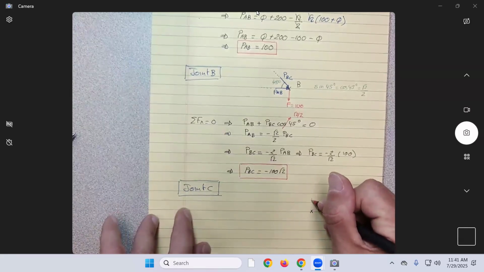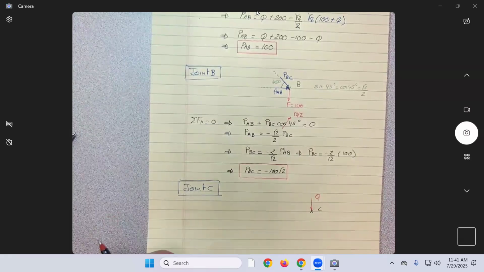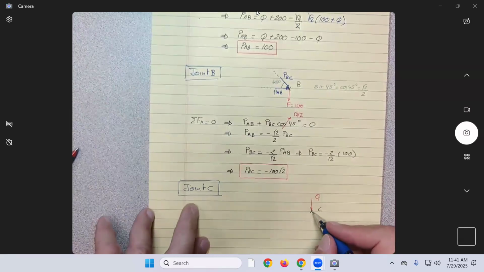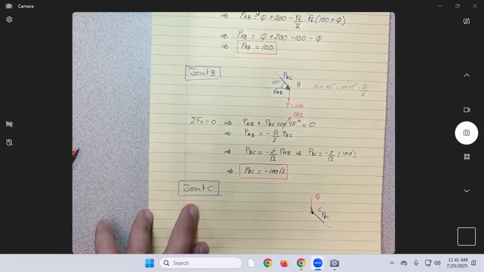Because we need to find the deformation at that point, we're going to have the force Q. Then we have over here the axial force PBC that we just calculated, in tension.